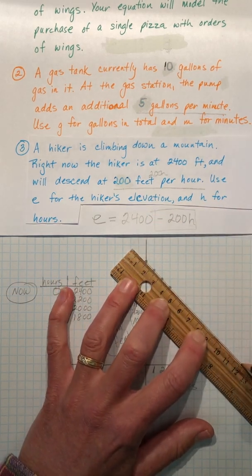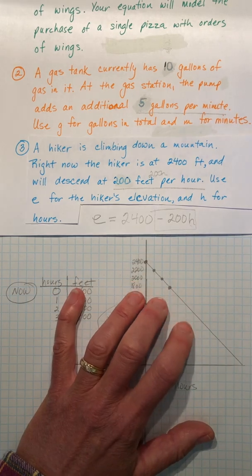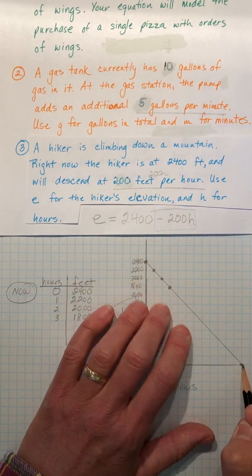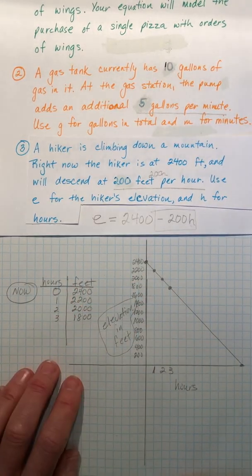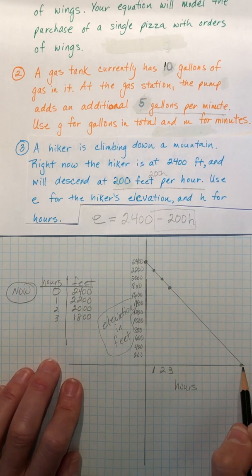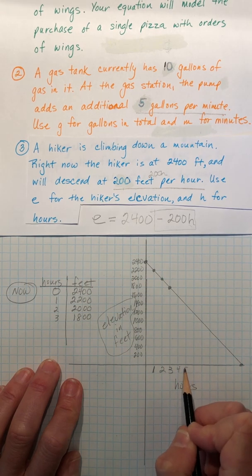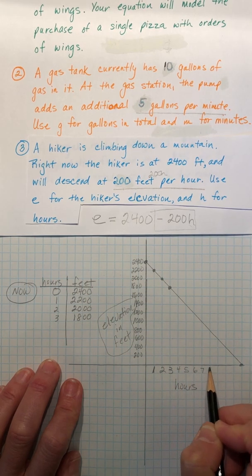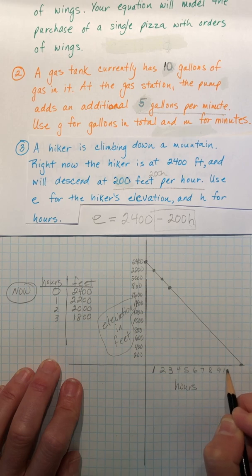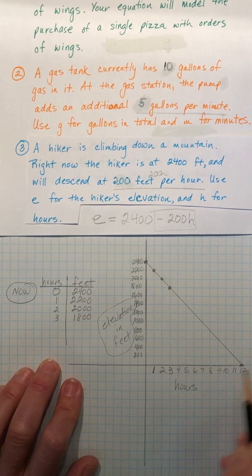and why am I ending it right there? Why am I not putting an arrow on this? Let's see. 1, 2, 3, 4, 5, 6, 7, 8, 9, 10, 11, 12. What happened after 12 hours?